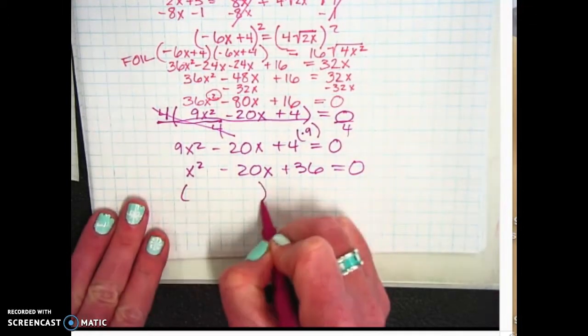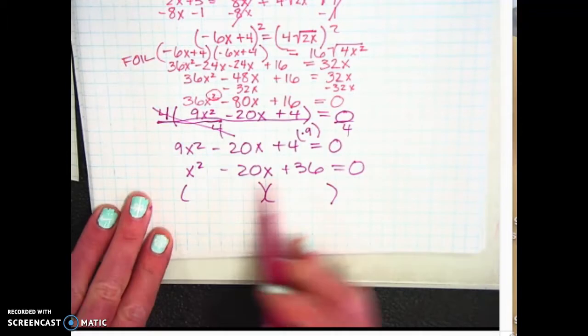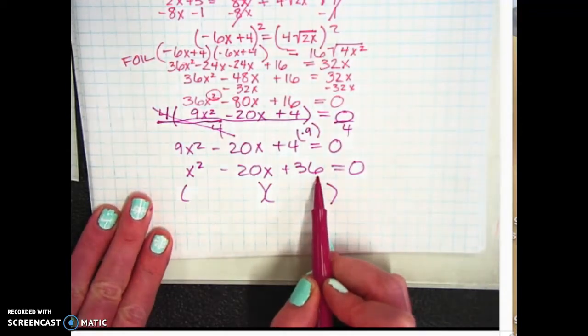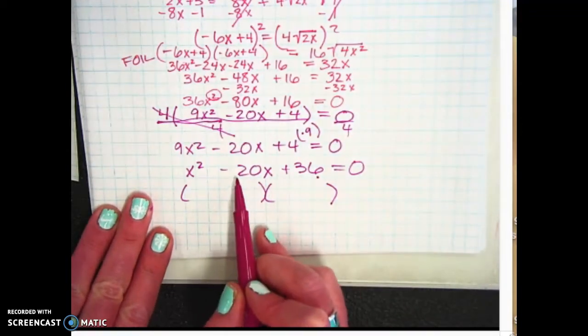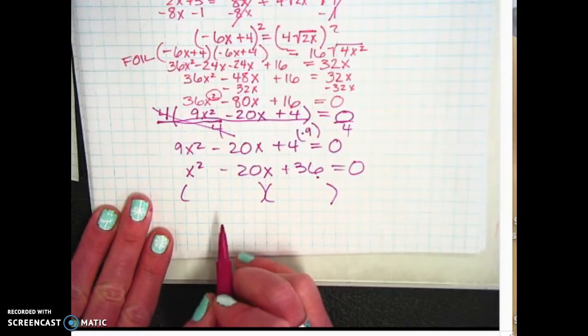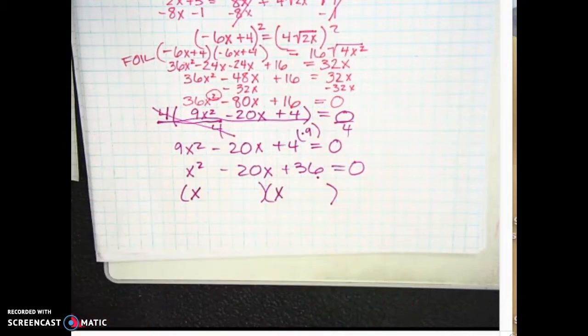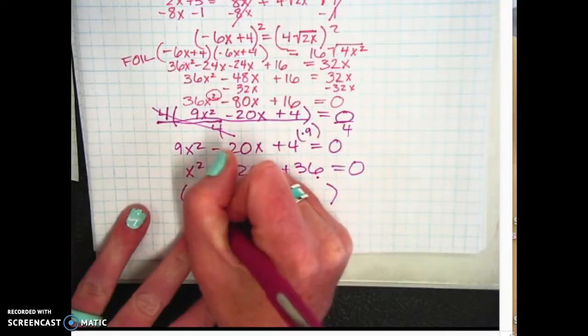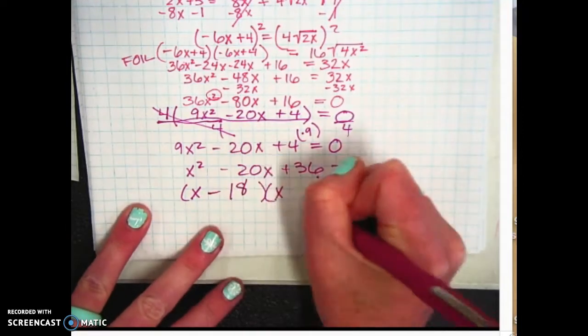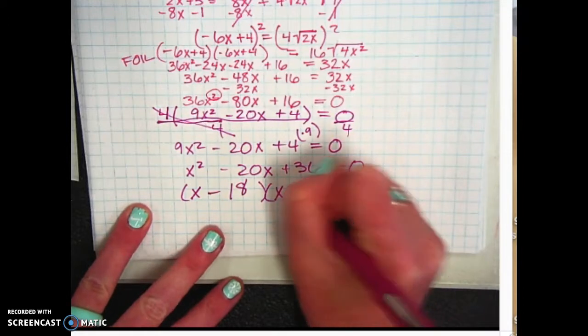Now we want to factor. What 2 numbers are going to multiply to get 36, but add or subtract to get negative 20? Yes, 18 and 2, and they're both what? Right. So x minus 18 and x minus 2.